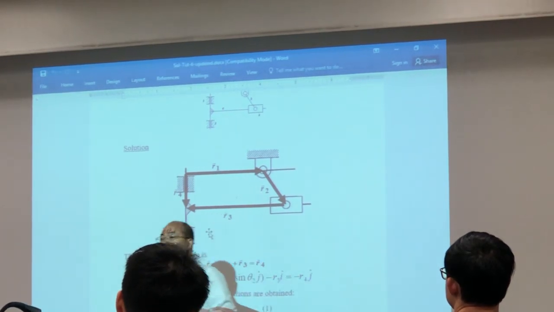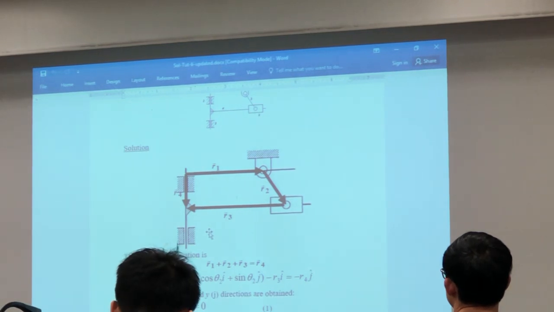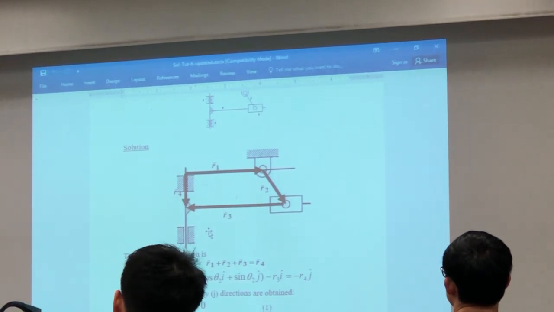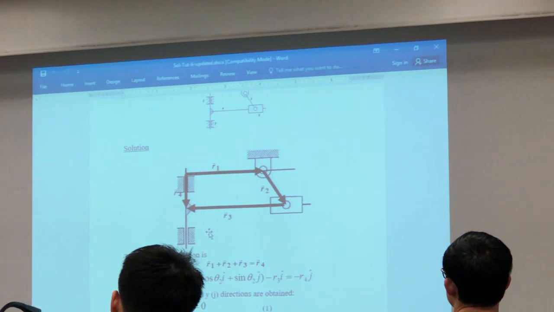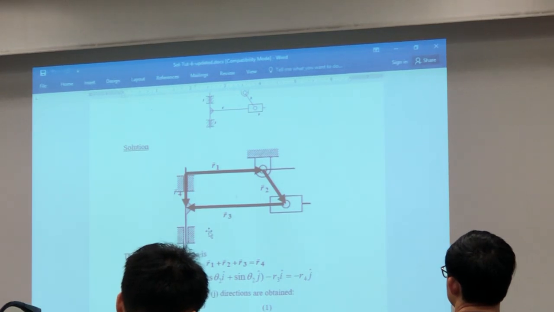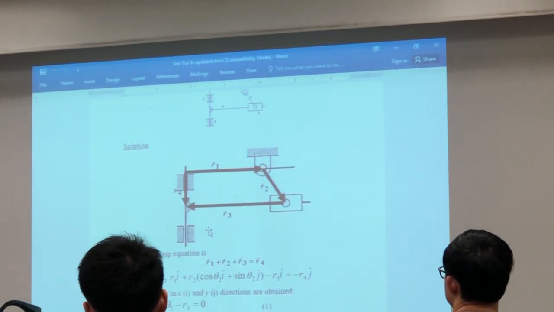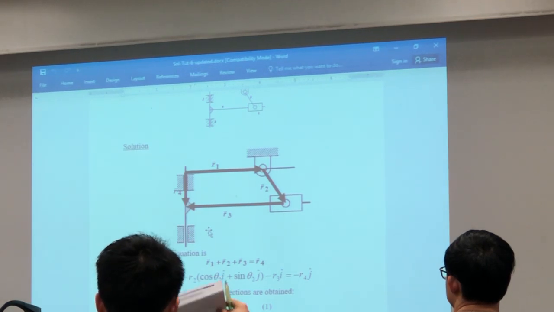That is also correct. So for the direction, you have complete freedom, so long as you form a closed loop. Then you follow your closed loop and write your equation. Very good. Any more questions?